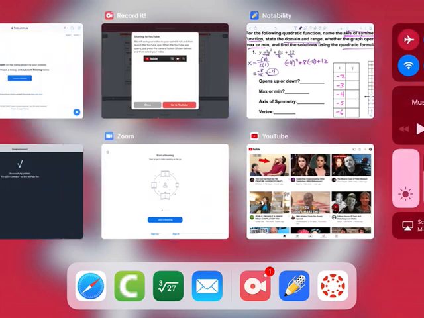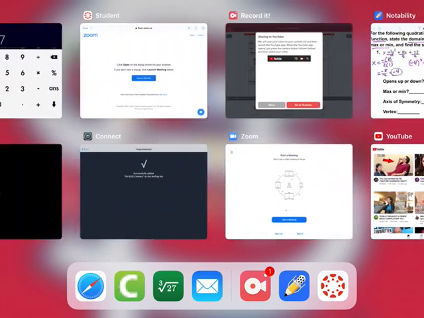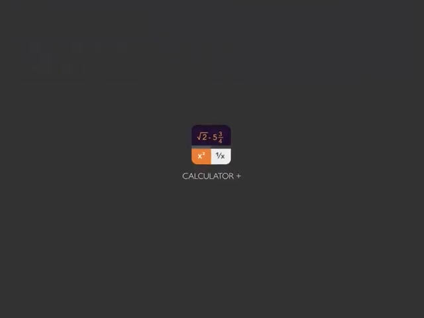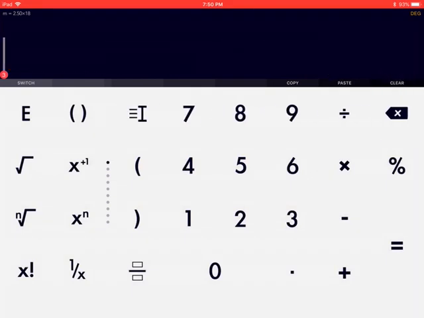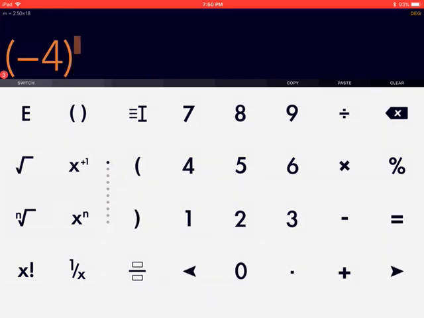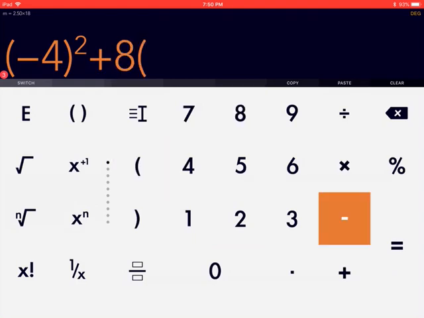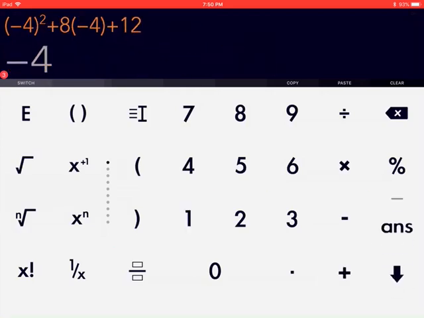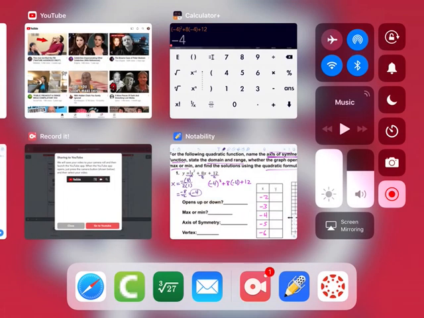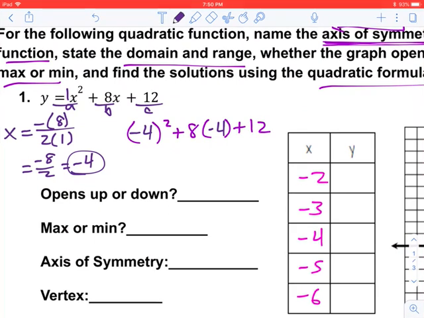So when I type this into my calculator, we have negative 4 squared, and then plus 8 times negative 4, and then plus 12. And I get negative 4. Okay, so negative 4 for my answer.